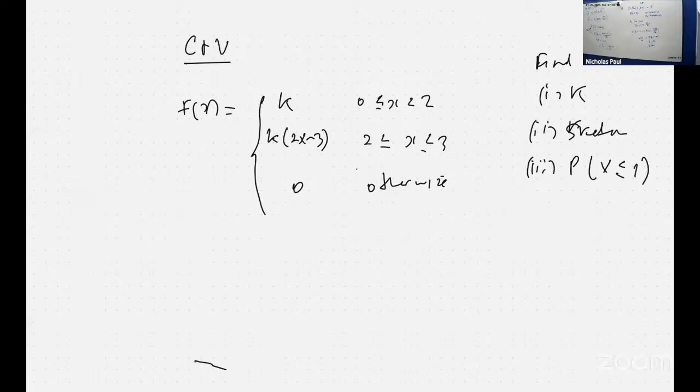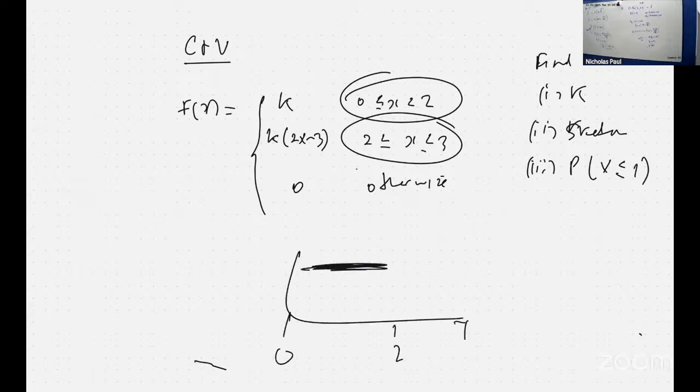If you look at the function here, it's broken up between 0 and 3. Between 0 and 2 is one thing, between 2 and 3 is something else, but it's the same function. It just split into 2.